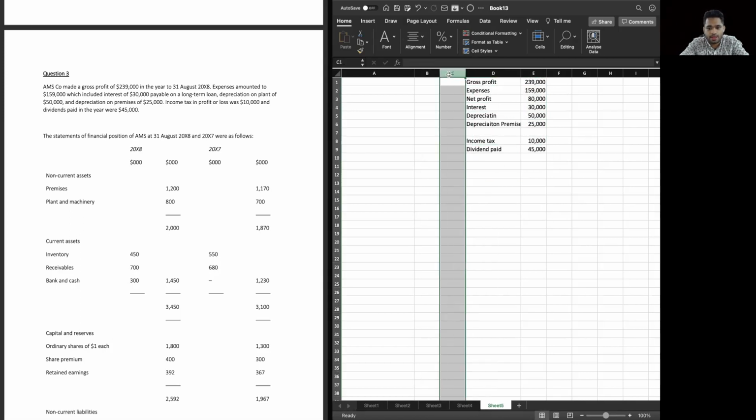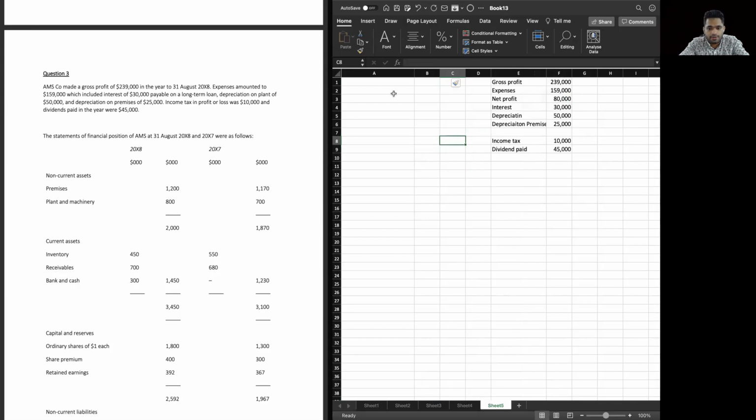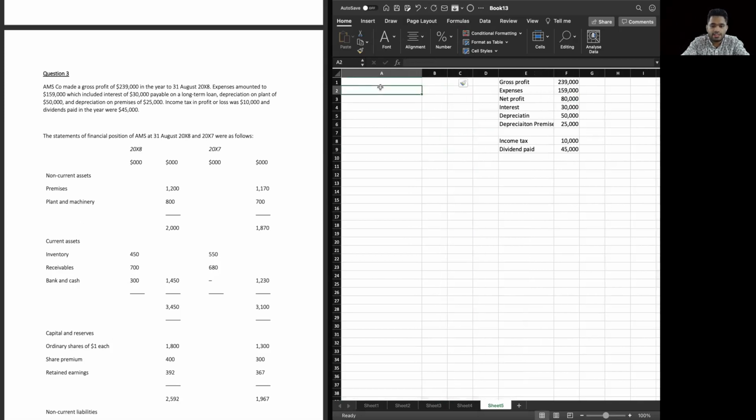So let's put down the format for our statement of cash flow. We'll be beginning with the profit before tax. We'll have our interest paid and you'll have your operating profit. Leave some room for your non-cash transactions.